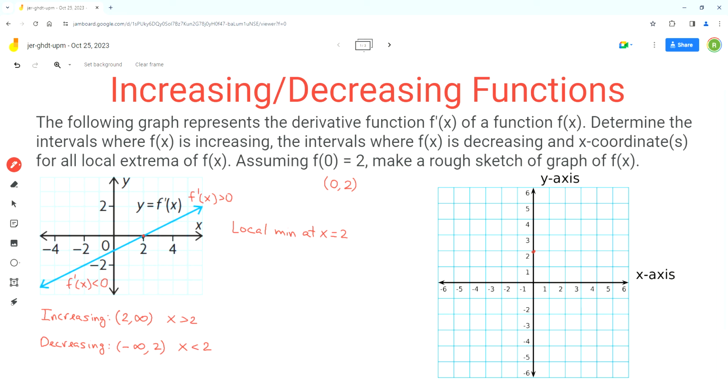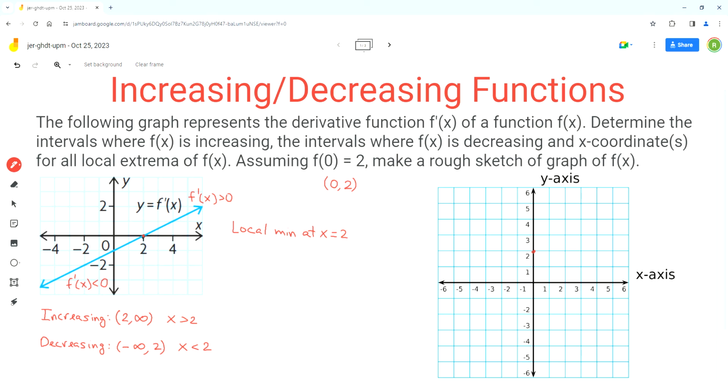Now we are not given the y coordinate for f of x at x equals 2, so we can show the local minimum at any point for which the x coordinate is 2. It can be above or below the x-axis, but it should be identified in a way that we are able to show that the function f of x is decreasing on the left side of 2 and increasing on the right side of 2.